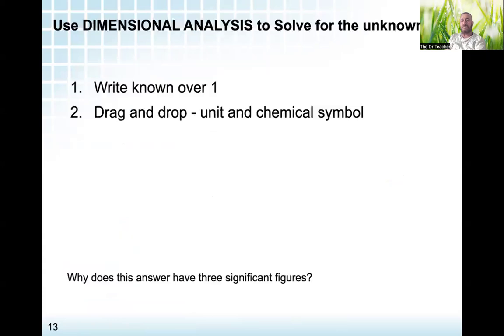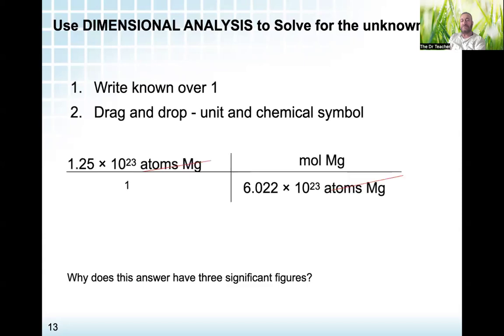The number of moles is missing, and now you have 0.208 mole of magnesium present in 1.25 times 10 to the power 23 atoms.